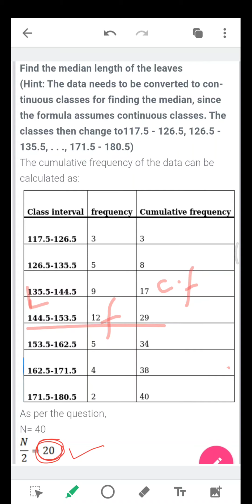If you subtract 135.5 and 126.5, you will get your h value. So just subtract: 135.5 minus 126.5. So h value will be 9.